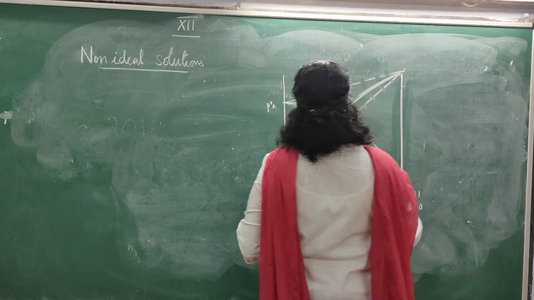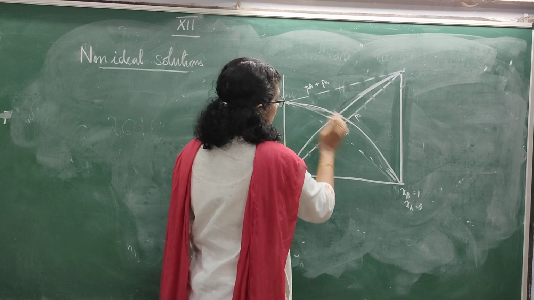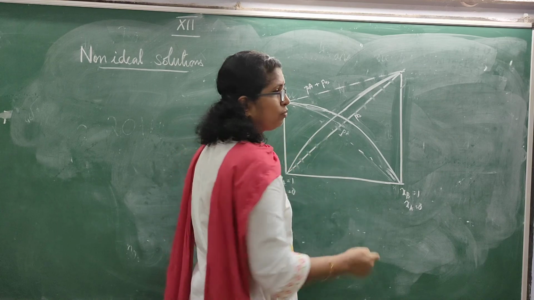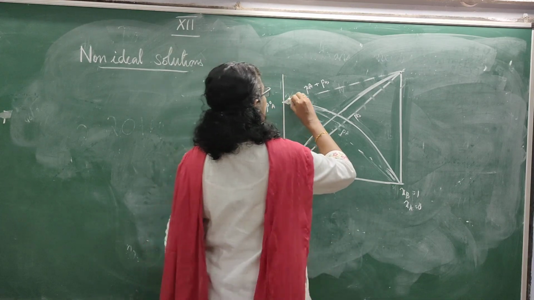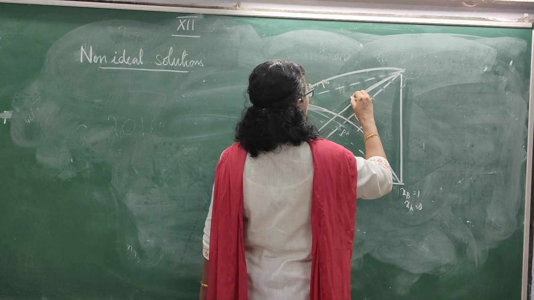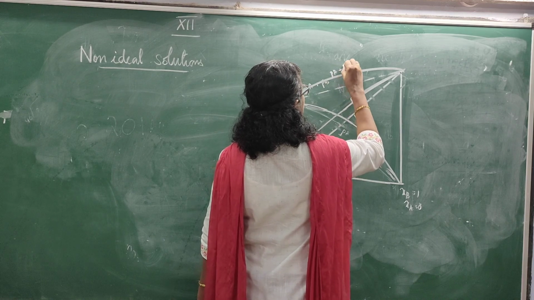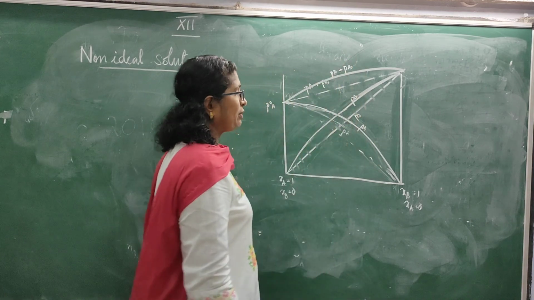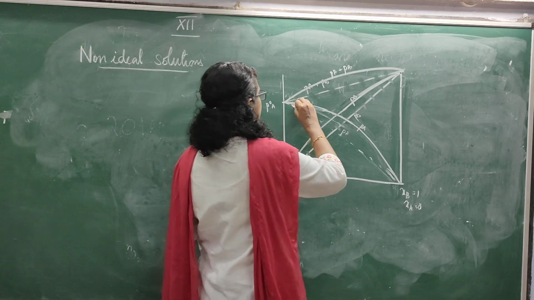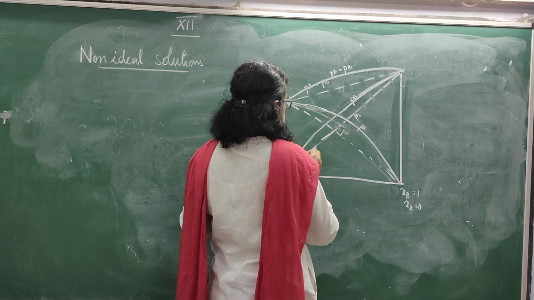So instead of this one, we are getting a new curve. The vapor pressure will increase. The dotted line will show you what we expect. Now this is what we are getting. So this will be PA, this will be PB, and this will be PA plus PB. Instead of getting this broken line graph, we are getting this one.